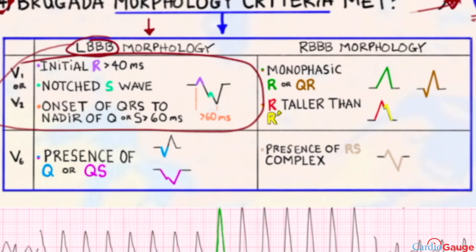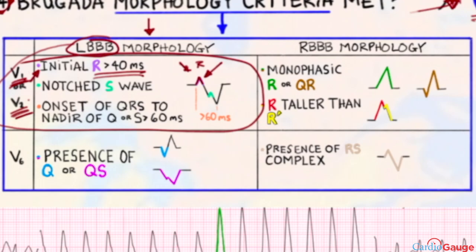So first, if the initial R is greater than 40 milliseconds, that implies VT, and that's shown here. So this is the initial R wave, and this would be in V1 or V2. Goes up and down. If this little guy here is more than 40 milliseconds, more than one little box, then you're typically dealing with VT.